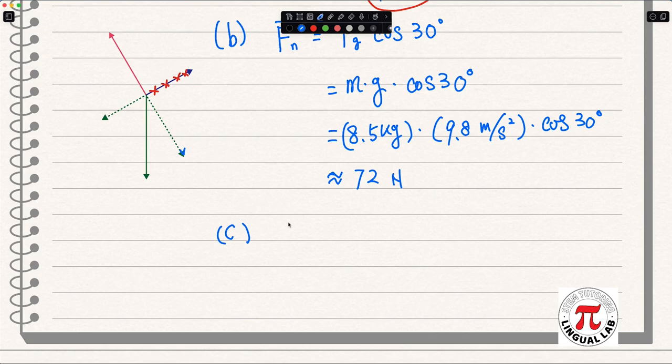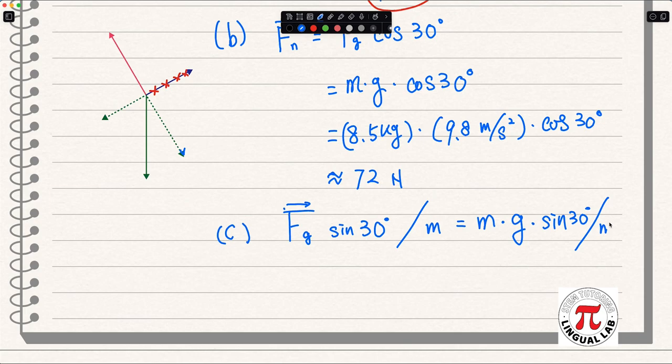Our force is the component of the gravitational force, therefore gravitational force times sine 30 degree divided by the mass. But as you know, the gravitational force is mass times the free fall acceleration g multiplied by sine 30 degree, and we divide by the mass, so these two cancel out.